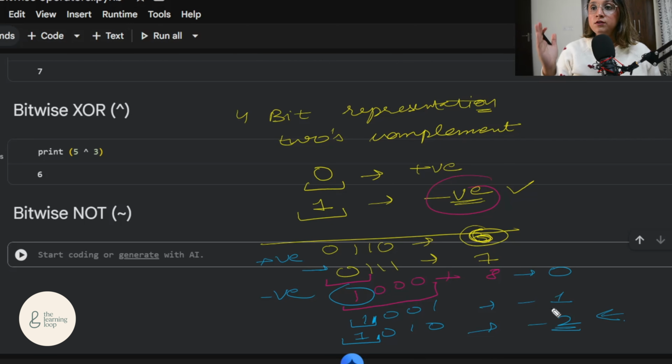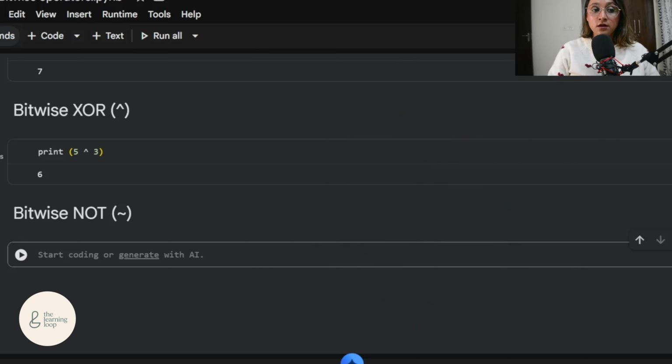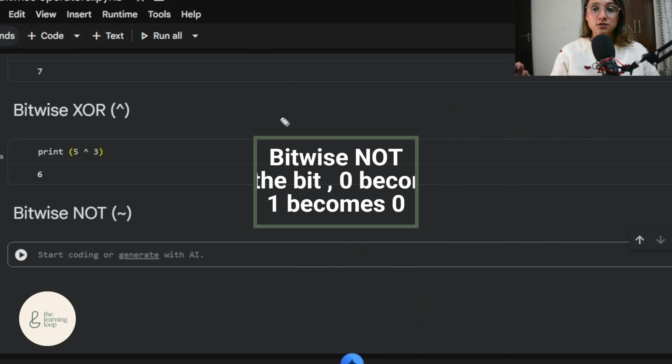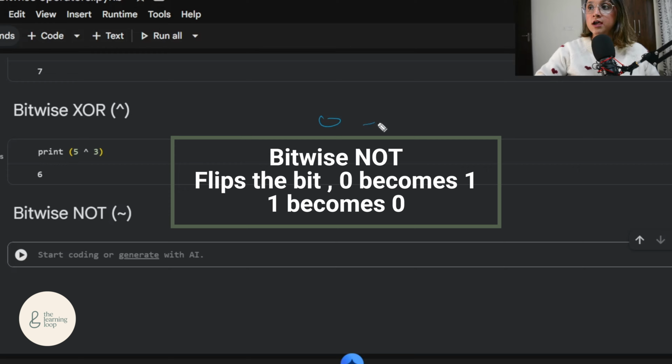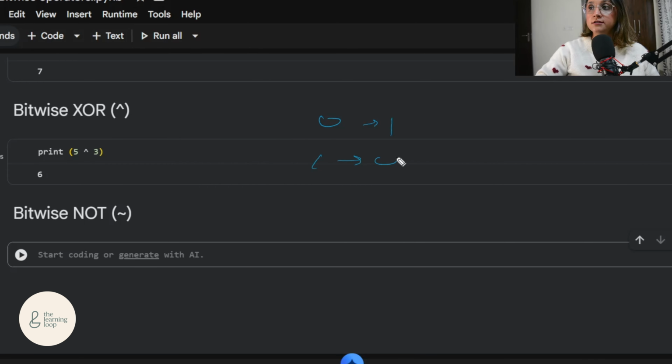Okay. So when we are using bitwise NOT, we consider that we have infinite zeros towards the left. And whenever I'm going to use the NOT, we will get the answers according to the two's complement method. Now let's understand what exactly NOT does. NOT simply flips the digits. So it makes 0 as 1 and 1 as 0.